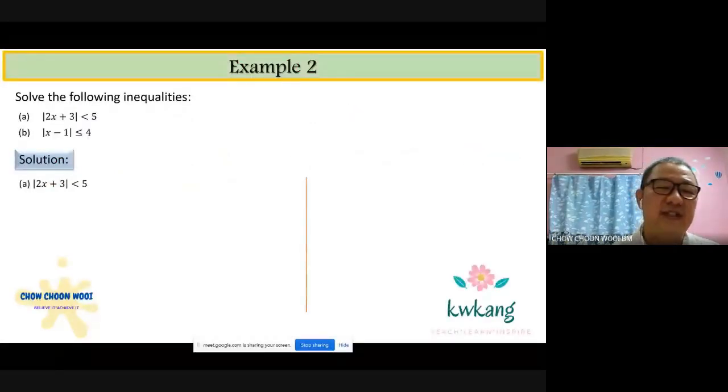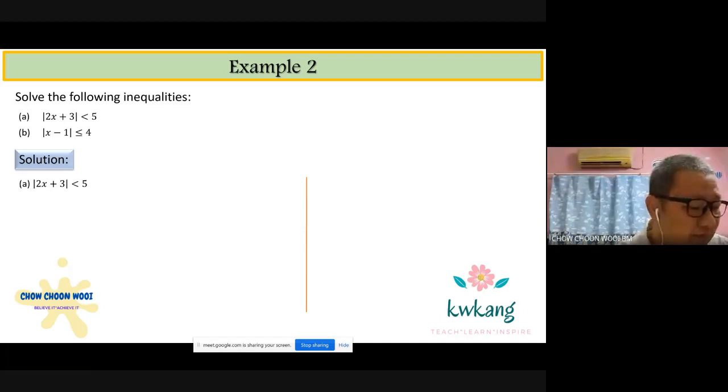So look at this one. The modulus of 2x plus 3 is less than 5. Kita nak guna rumus yang keberapa untuk buka modulus itu? Number 2.